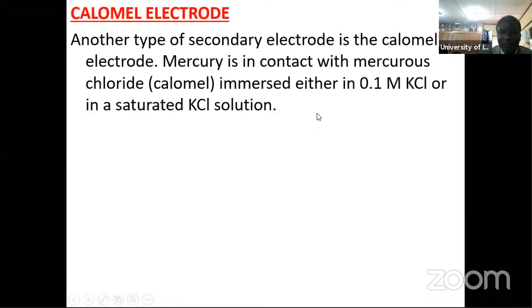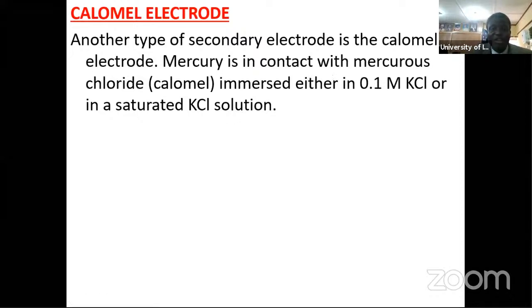So you have another type of electrode apart from the silver electrode we've talked about. You have calomel electrode. Once you hear calomel, what comes to your mind? Do you think of mercury? Calomel electrode is another type of secondary electrode, and sometimes people say it's mercury electrode.